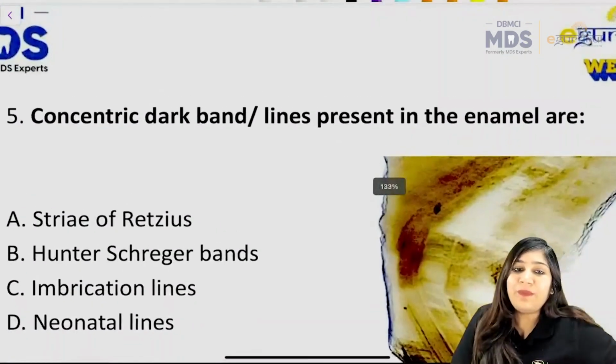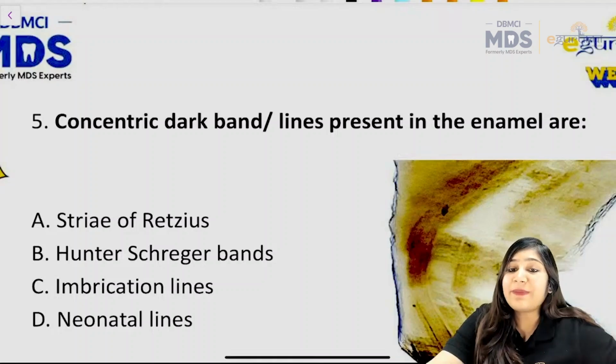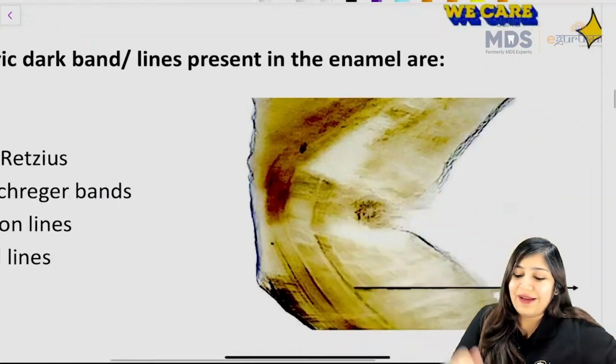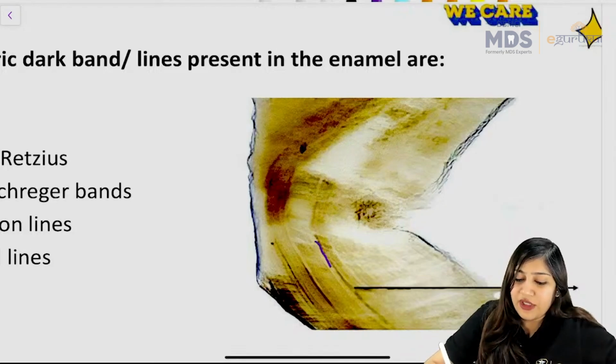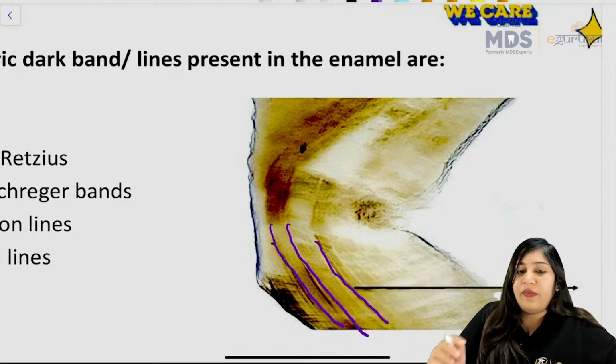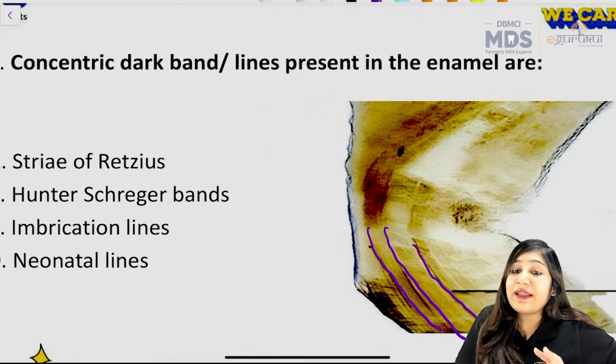Now coming to our fifth question. Concentric dark band lines present in enamel are. So you can be given an image based question also. These lines we can appreciate here. This resembles growth rings in a tree, right? So these lines are basically what?